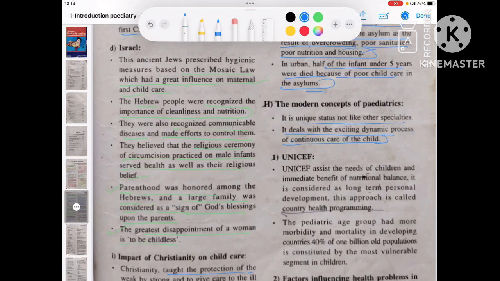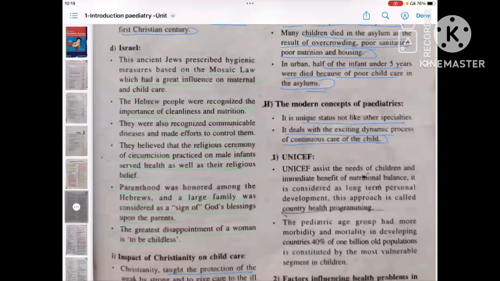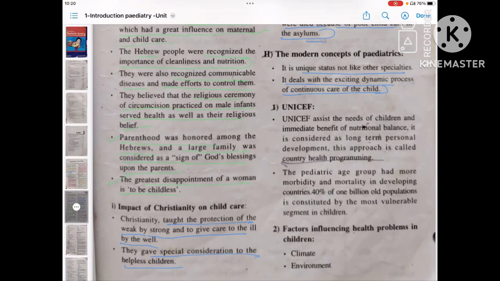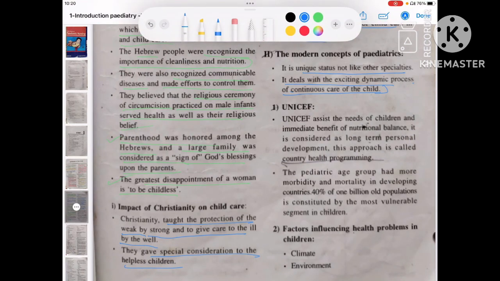Some agencies are there, for example UNICEF, the United Nations International Children's Emergency Fund. UNICEF assists the needs of the children and the immediate benefit of nutritional balance. It is considered long-term personal development, and this approach is called country health programming.